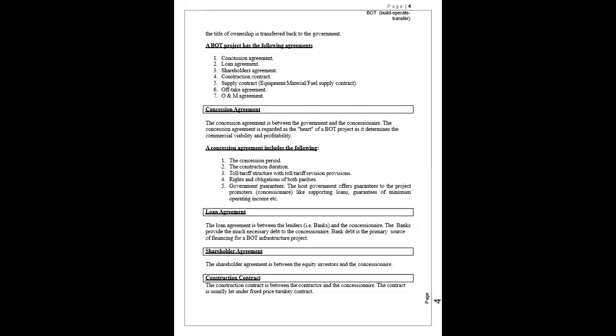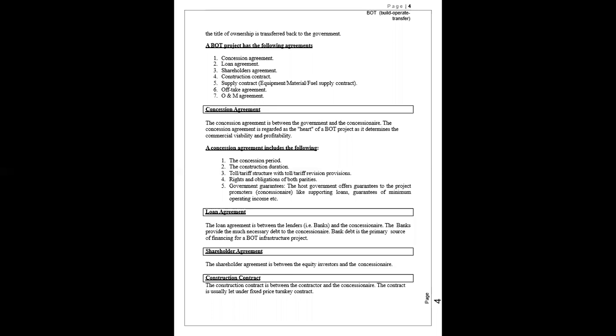So which type of vehicles are running, how much traffic is there, and then how much toll will be generated from that road. If large vehicles like trucks and goods carriers are running in large amounts, then toll will be large. If small vehicles, two-wheelers, bicycles are running, then toll will be less, though the traffic is more. So that particular calculation is also considered during the concession agreement.